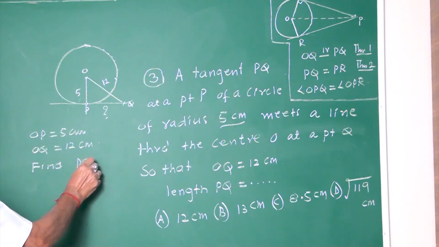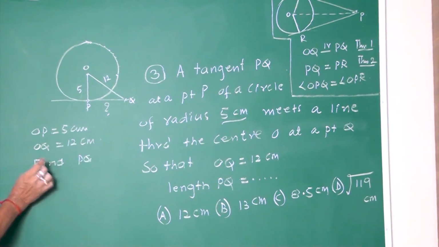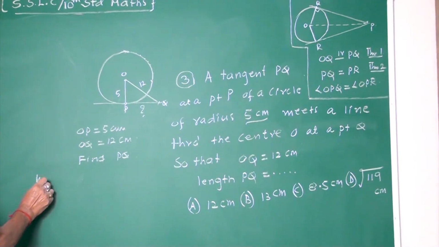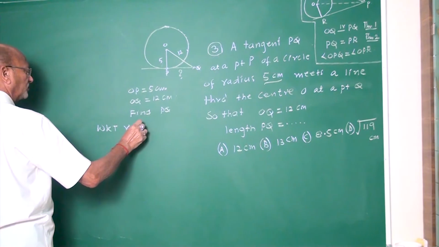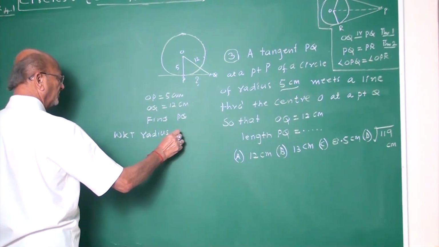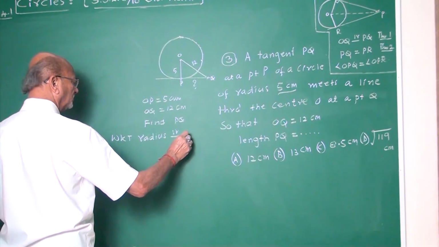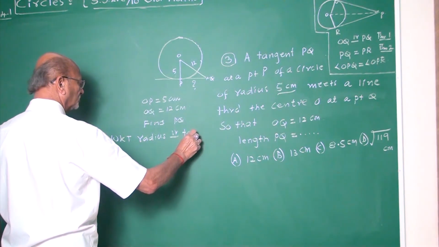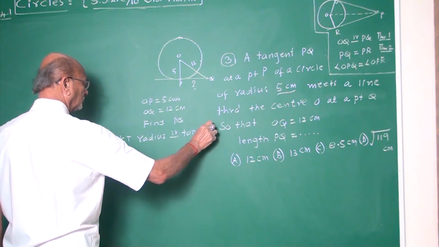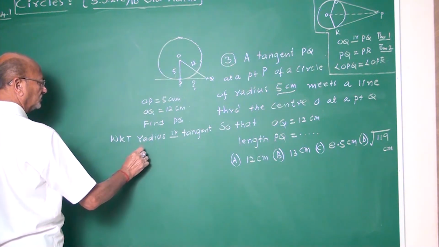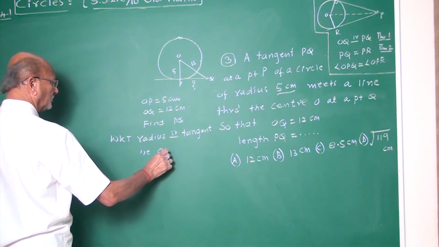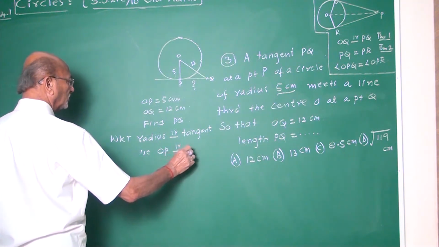We know that radius at a point is perpendicular to tangent. Tangent at P. Therefore, OP is perpendicular to PQ.